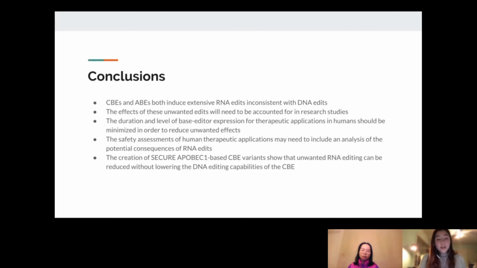Another important point that they made through this paper is that the creation of secure APOBEC1-based CBE variants can show that unwanted RNA editing can be reduced without lowering the DNA editing capabilities of CBE. So that opens a window for more research in the future about ways in which these single base editors can be edited to produce greater specificity and less RNA editing.